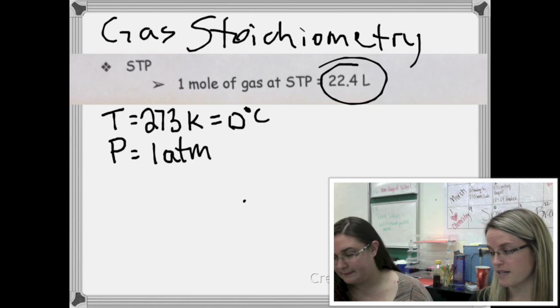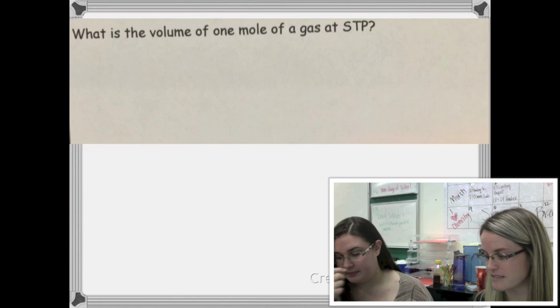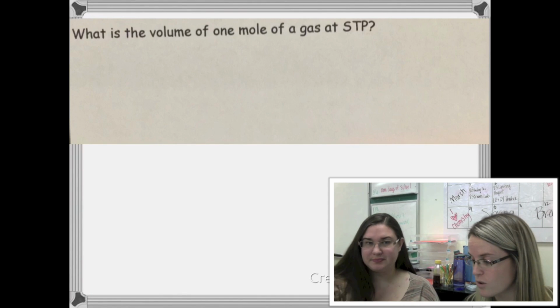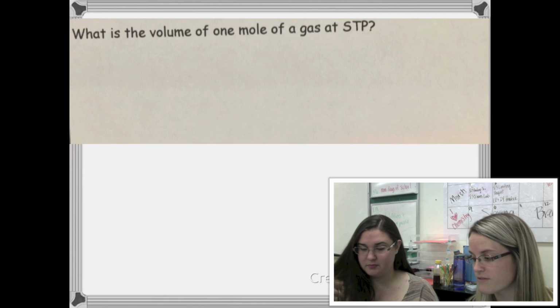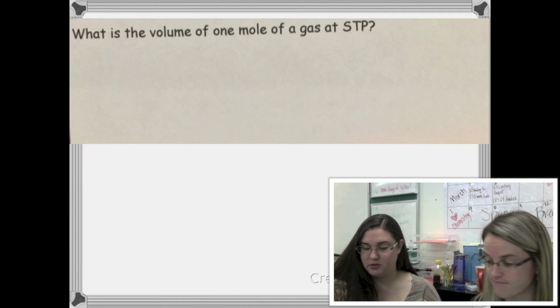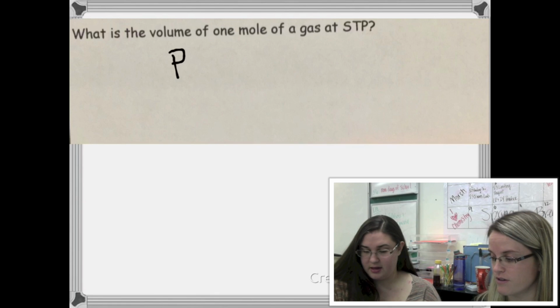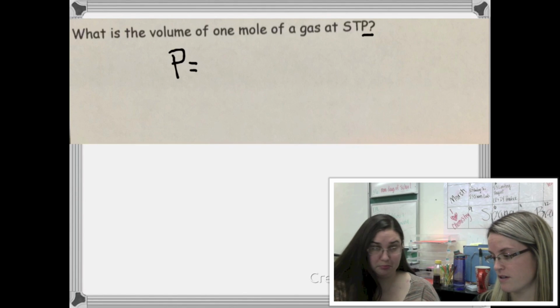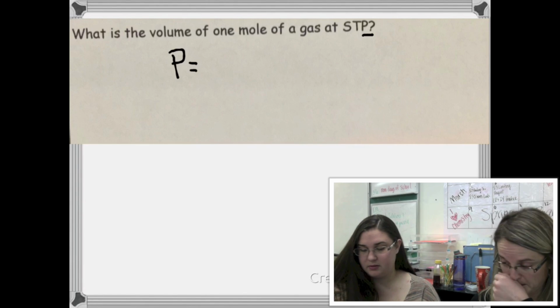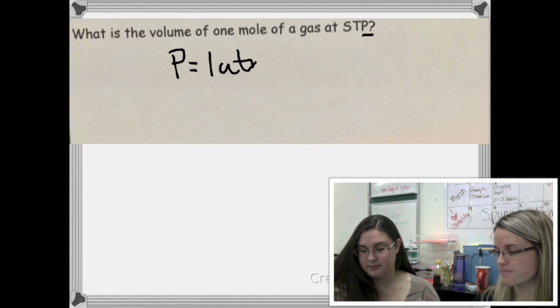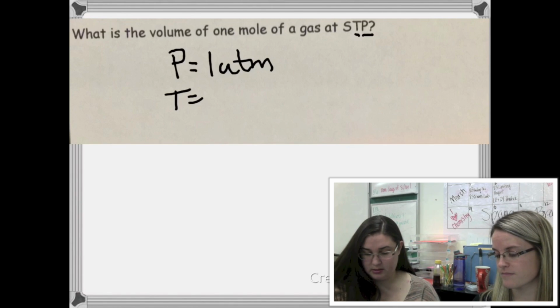All right, so let's do some calculations. Our first question is, what is the volume of 1 mole of gas at STP? I have a pressure, because I've got my STP, and they said it was 1 atm. I've got my temperature, because there's my T, and it's 273.